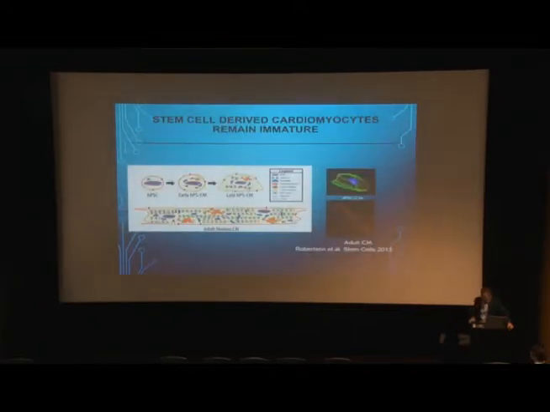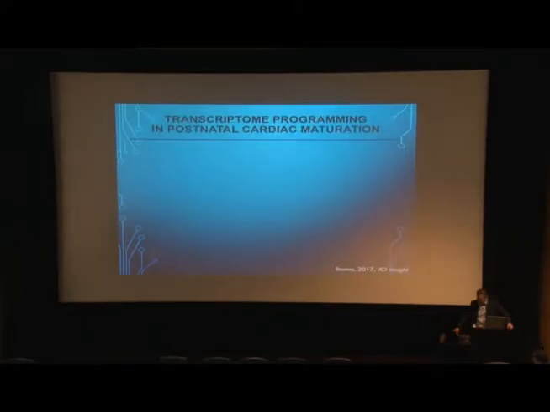It turns out this is also a major limitation in current stem cell therapy or modeling, where iPS cell-derived cardiomyocytes, or in fact many other sources of derived cardiomyocytes, nevertheless reach this cardiomyocyte feature, but actually in an immature form. So myocyte maturation is a rate-limiting step in stem cell biology as well as its application.